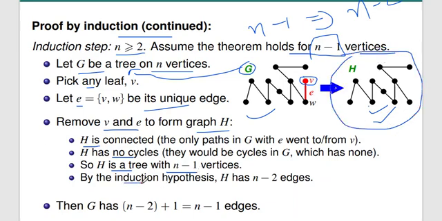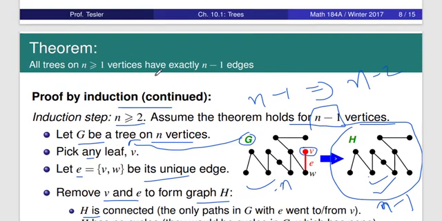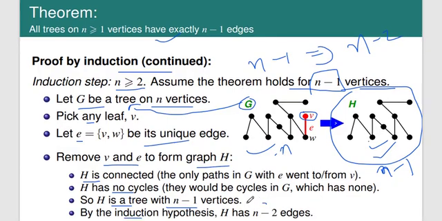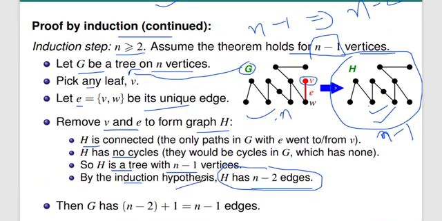Okay, so by the induction hypothesis, we have n minus 2 edges. We had n vertices and we have removed one vertex, so we now have n minus 1 vertices. Now in our second step, we assumed that for n minus 1 vertices this theorem is true. So H has n minus 2 edges.